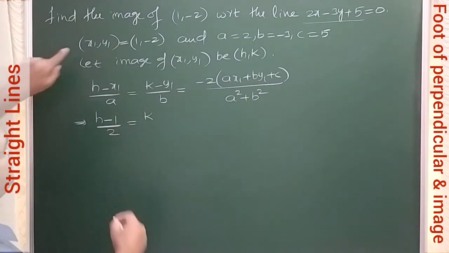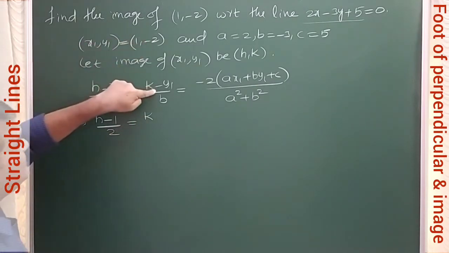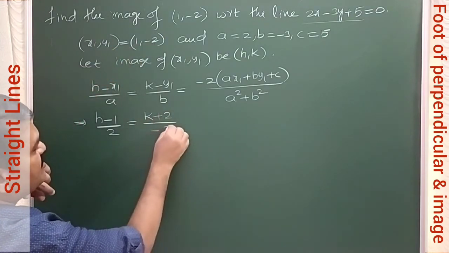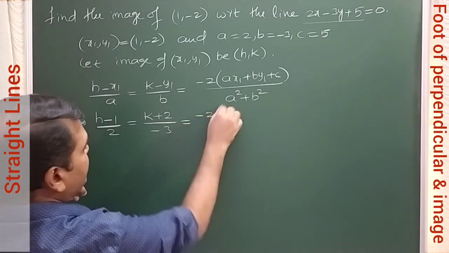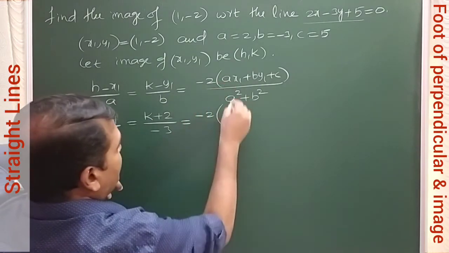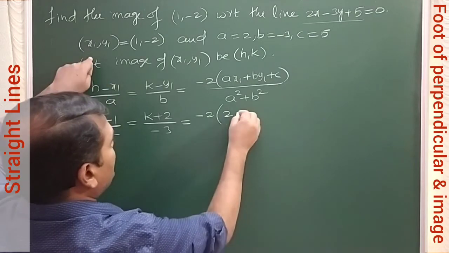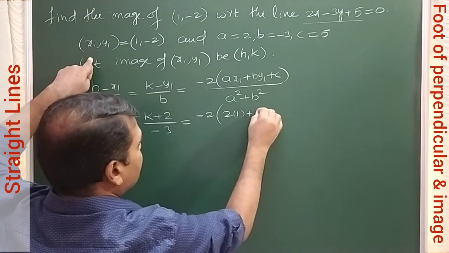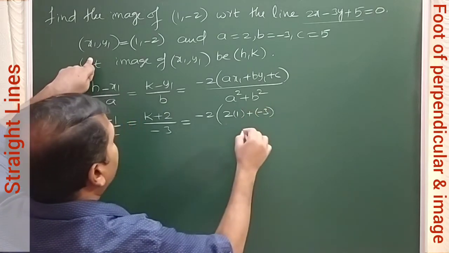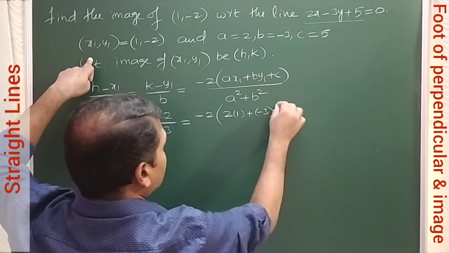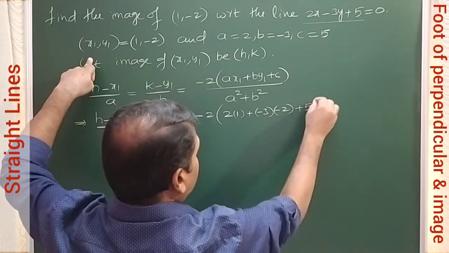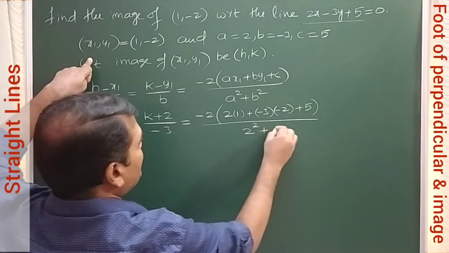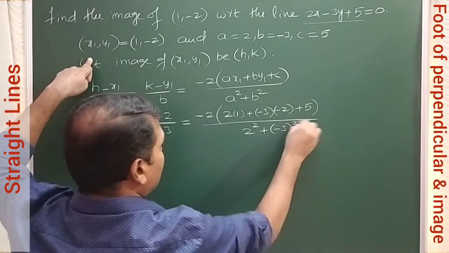K minus y1 means k plus 2, by b means minus 3. That is equal to minus 2 times (2 into 1 plus minus 3 into minus 2 plus 5) by (2 square plus minus 3 whole square).